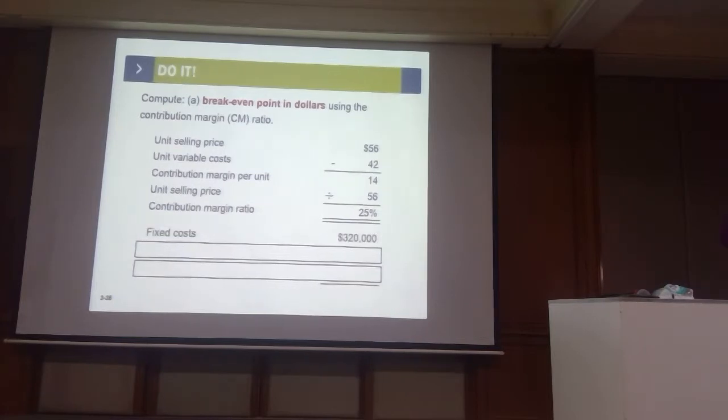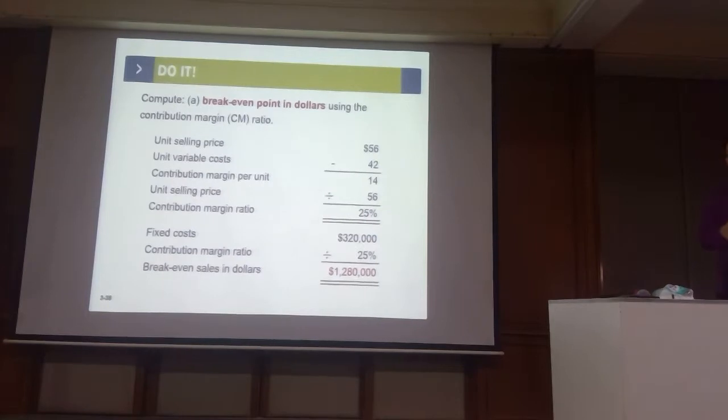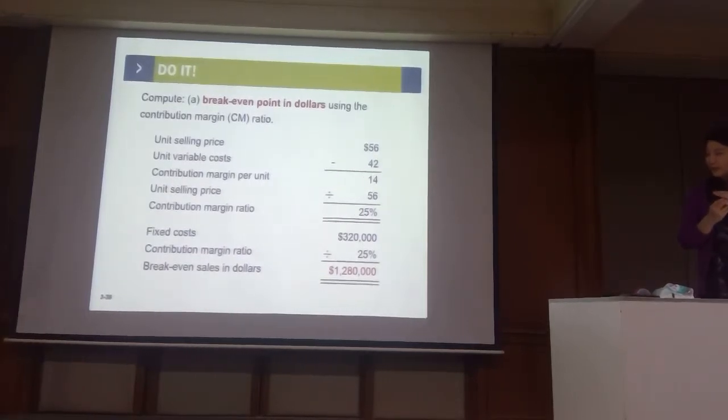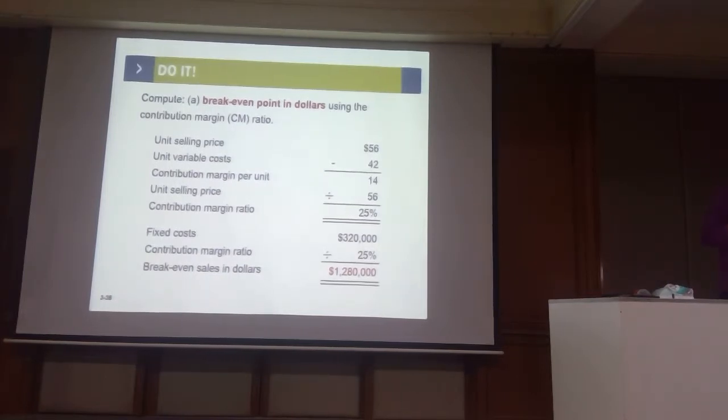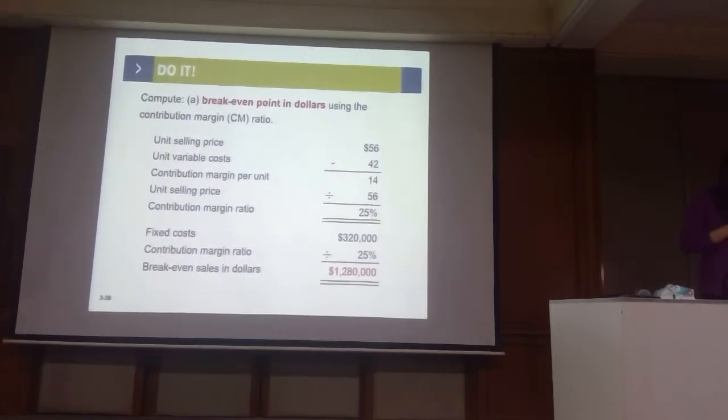So we just divide fixed costs by the contribution margin ratio, and you will have the break-even sales in dollars equal to 1.28 million. So this is the break-even point in dollars.